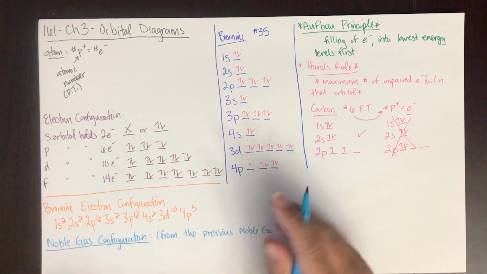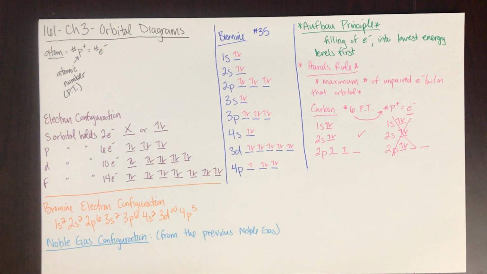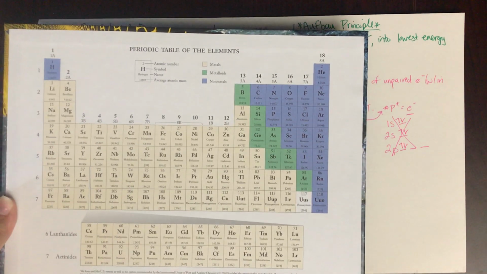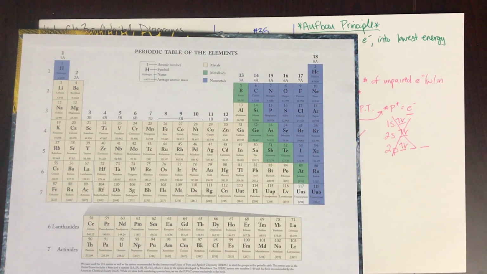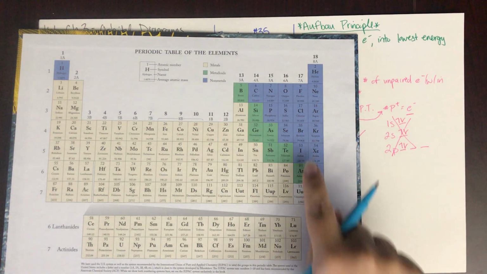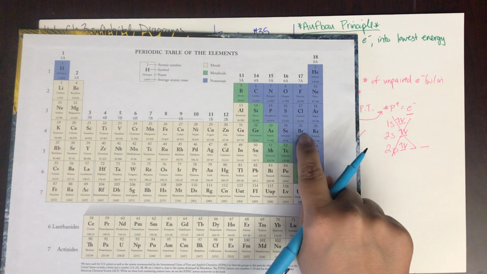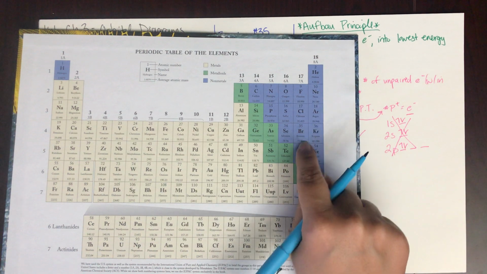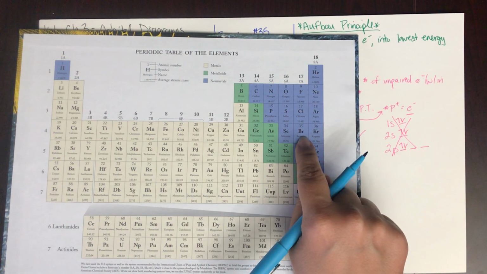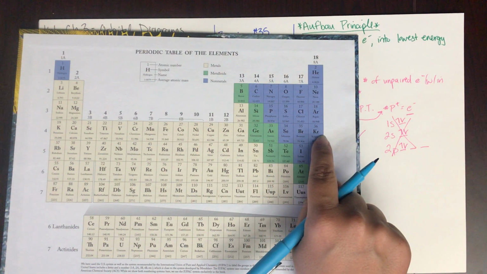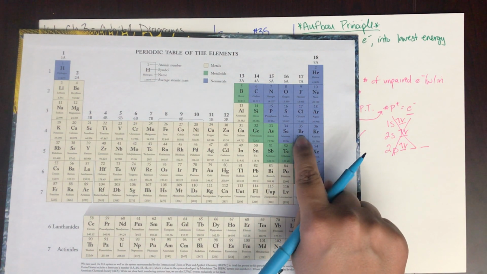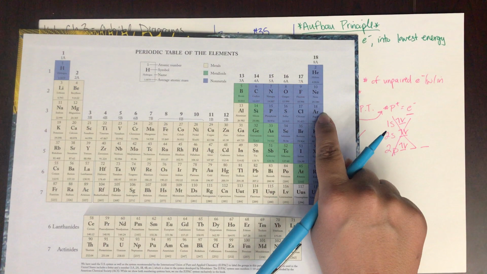Remember when we broke down the periodic table in chapter 2, we said everything in group 8 over here, these are the noble gases. They're kind of like placeholders. So we ask, what's the previous noble gas to bromine? Not the nearest noble gas. The nearest noble gas to bromine would be krypton. That's not what we want. We want the previous noble gas, which is argon.